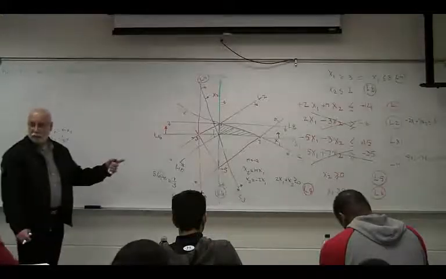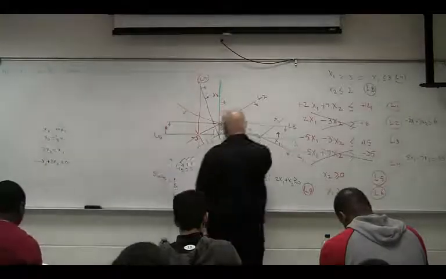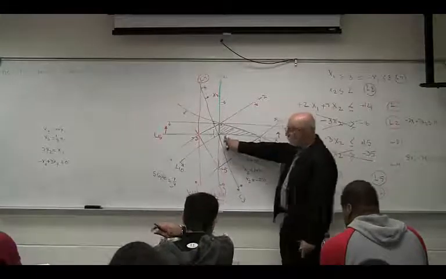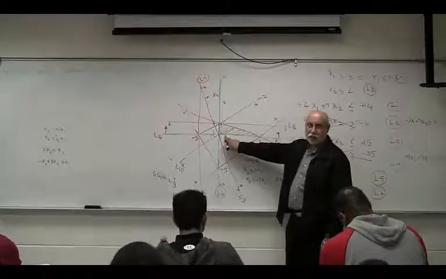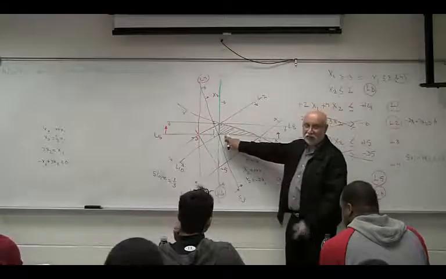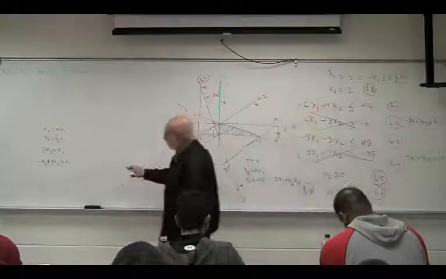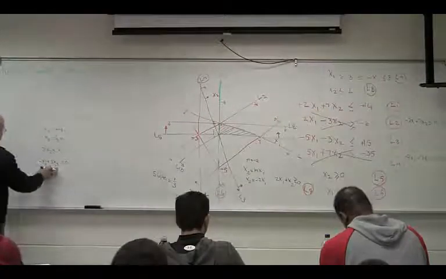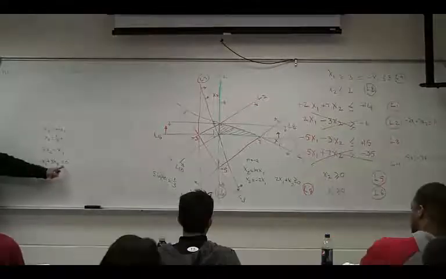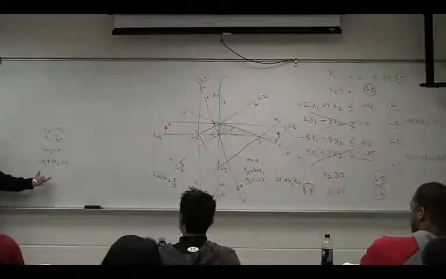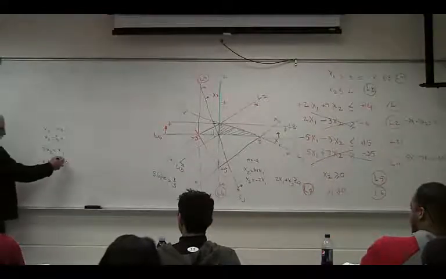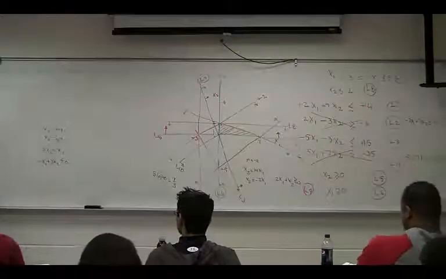Plug a point. This point, 1 and 0, is in the solution space. That gives negative 1, and the relationship with 0 is less than or equal. So this is what that line is.